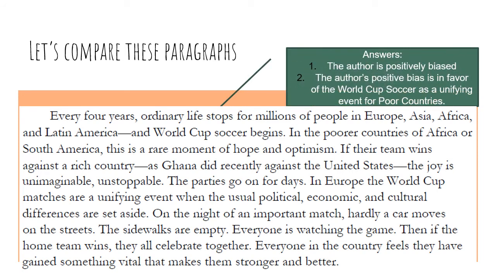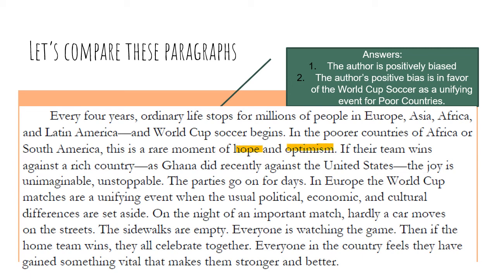The first one, the author is positively biased. Why? Pay attention to the words "ordinary livestock." In the poorer countries of Africa or South America, there is a moment of hope and optimism.